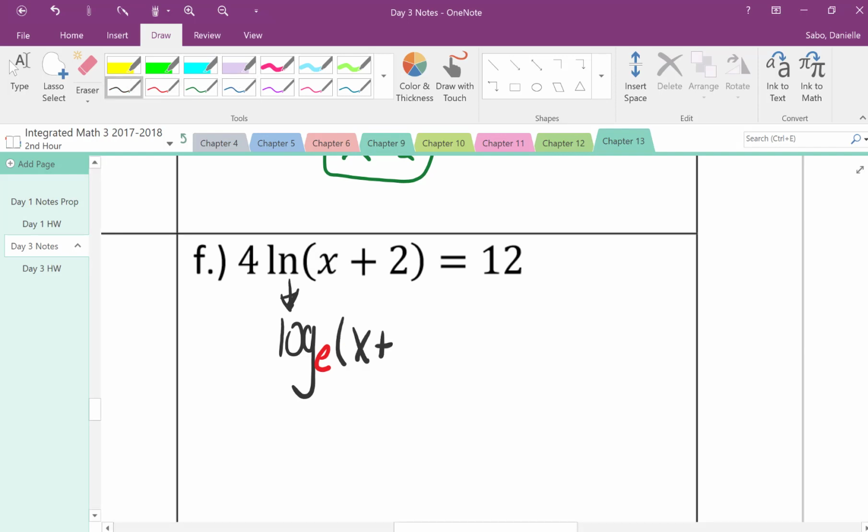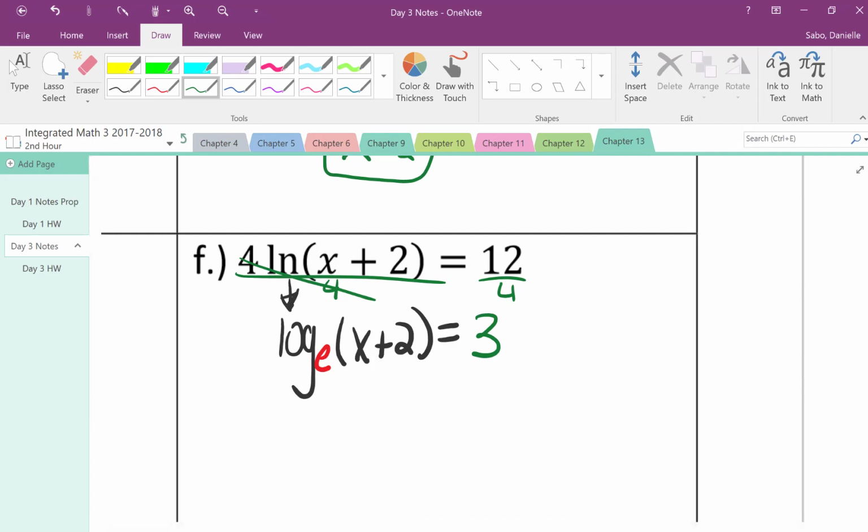Now, what can I do to both sides to get rid of this 4? Divide. Now, just because you have this E doesn't mean you can't do it, because you have a calculator that will help you. You have an E button. You can do E cubed is equal to x plus 2.